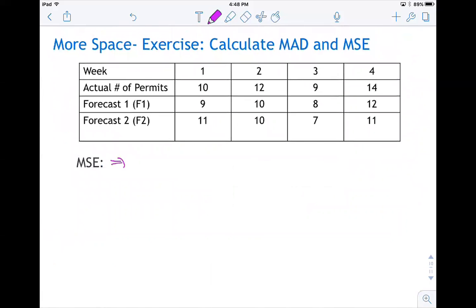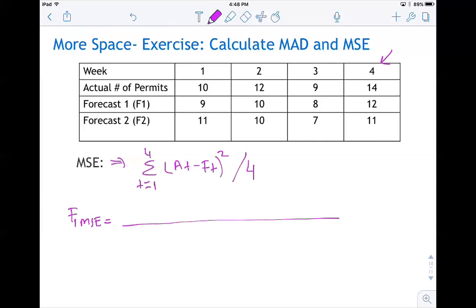Remember, with MSE, our formula was, again, starting from T1 all the way up to T4, taking the differences between the actual and the forecast values, squaring them, and dividing the whole thing by 4, because we do have 4 time periods. So let's start calculating the MSE for F1. Again, we take the difference, 10 minus 9 squared plus, there is no absolute value in this formula, but we have to square the differences.